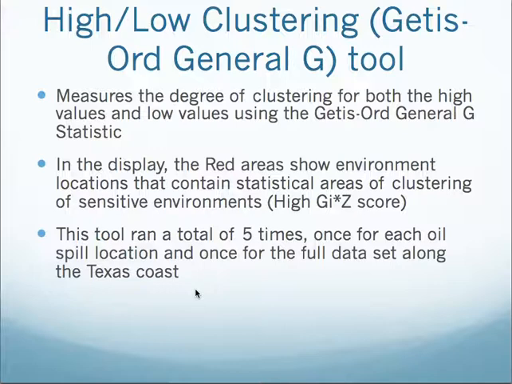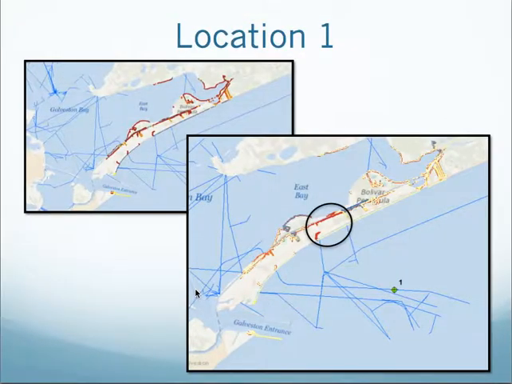So red should be priority, blue not as high in priority. I ran it 5 times, once for each oil spill location and once for the full data set on the Texas Gulf Coast. So in my first location, this is the original ESI data that I selected out for the mock oil spill point.